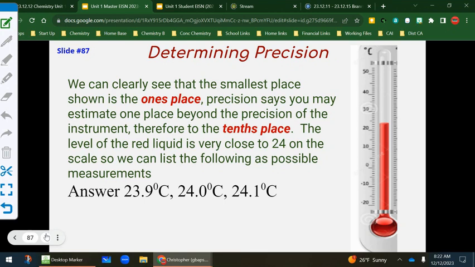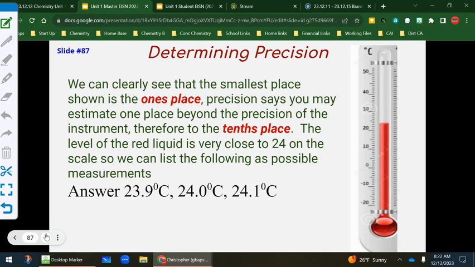Read to the ones, because you are required to go one beyond that, correct? So what place did our instrument read to? The ones. That's telling us precision. Which one of these is correct? All three of them. That's uncertainty. Why? We got three different numbers for the same reading, and all of them are good. Why? Because that's right about at 24.